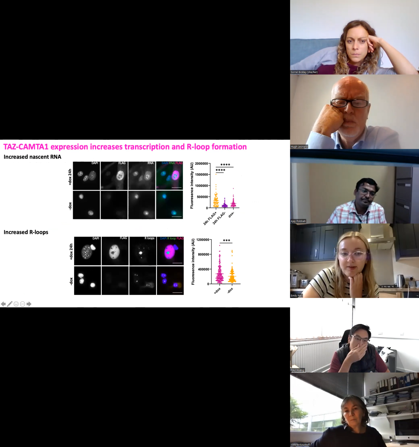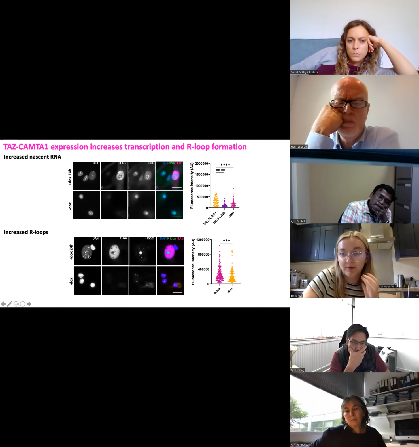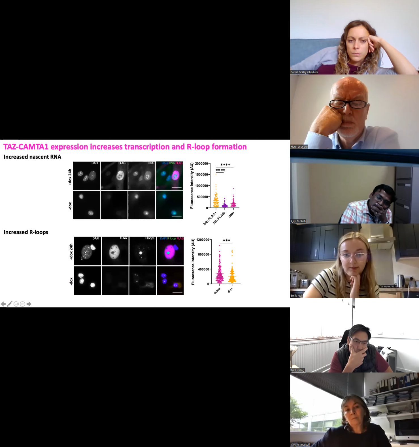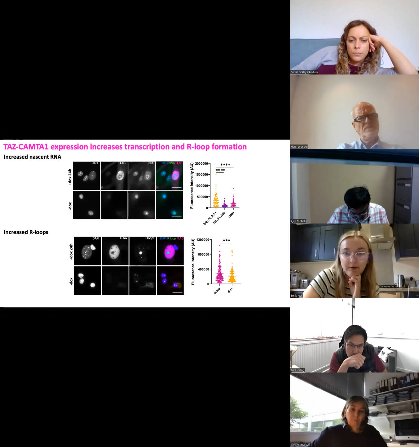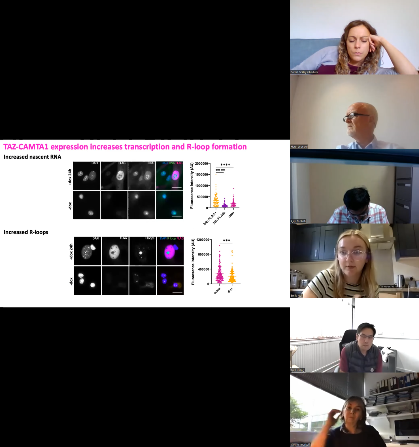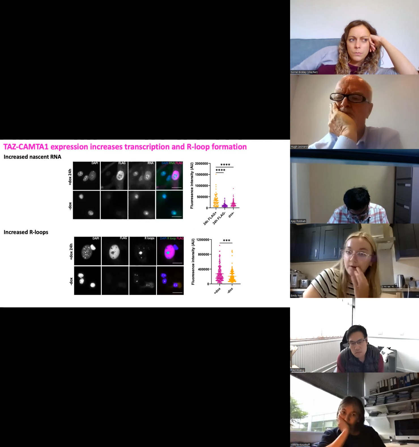The TASCAMT1 expressing cells, the nuclei tend to be really big and flat compared to the other ones. So you can see here you've got an expressing cell and a non-expressing cell next to it, and it's a lot smaller. Not really sure exactly why that happens, but the peroxide treated ones seem to have a similar effect. So I think it could be something to do with the damage and maybe the early onset of senescence, because senescent cells do have this really broad flat morphology as well.